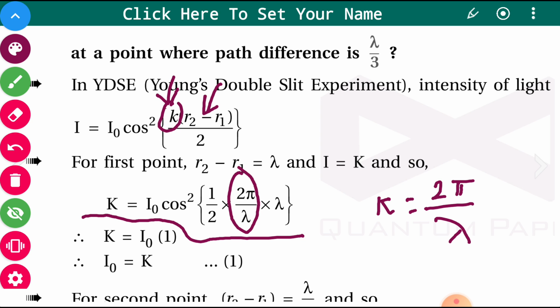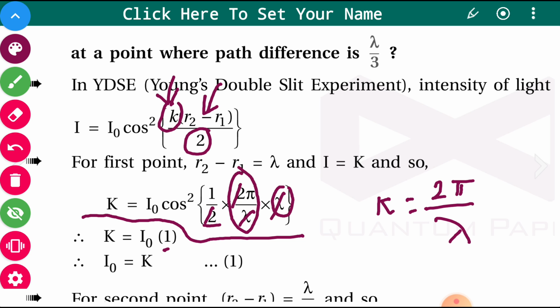R2 minus R1 is lambda, and this 2 remains in the denominator. So this 2 will be cancelled out, and lambda will also be cancelled out. You will have cos square pi; cos pi is minus 1, and the square of it gives you positive 1.